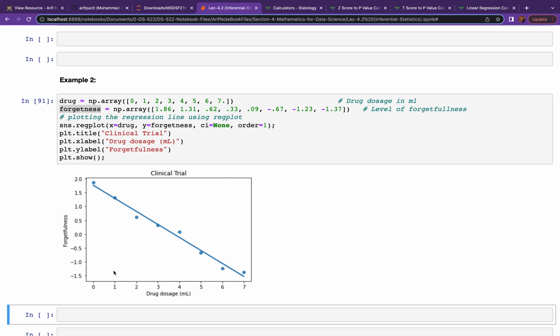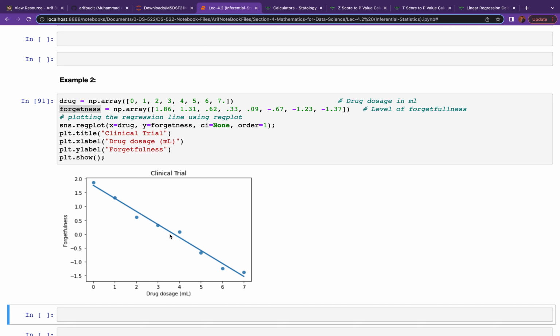And of course, forgetfulness depends on the drug dosage. The more drug you give to a patient, the less is the level of forgetfulness. Moreover, this independent variable, this drug dosage, is called predictor or input as well, because you give me the drug dosage and I can tell you the level of forgetfulness from this linear regression line.